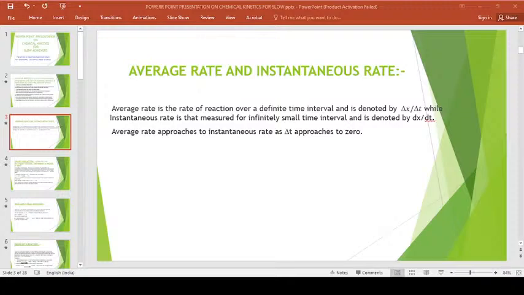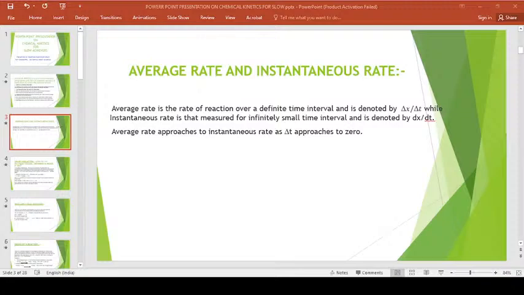The molar concentration of the reactant is known as active mass. That means the rate of a chemical reaction is directly proportional to the product of molar concentrations of the reactants with their coefficients as power. And the molar concentration of the reactant is known as active mass.